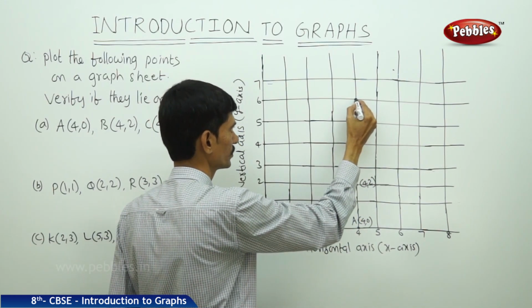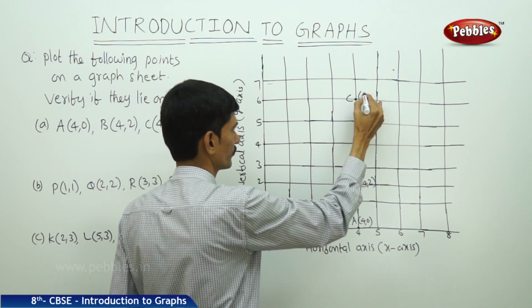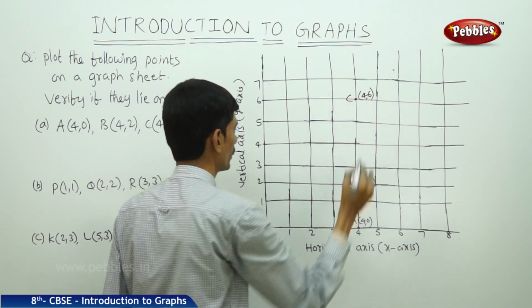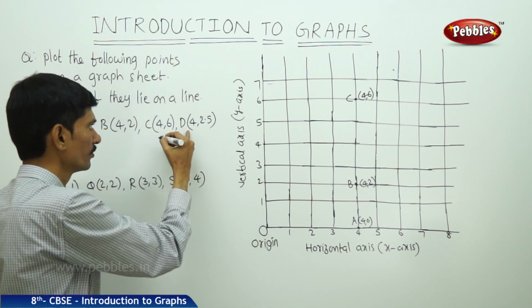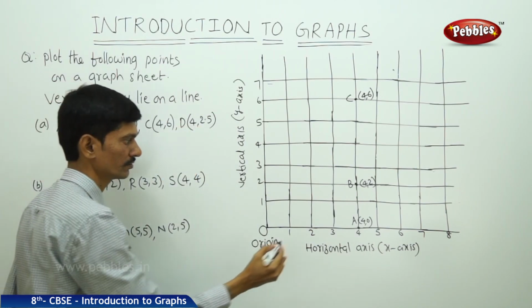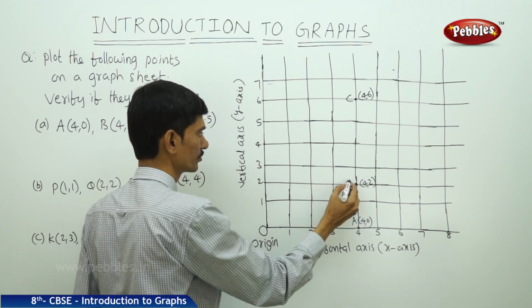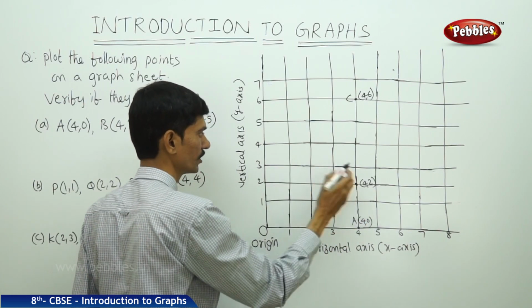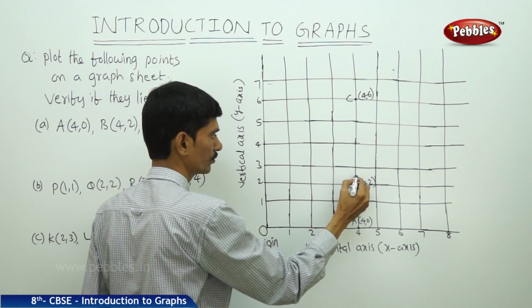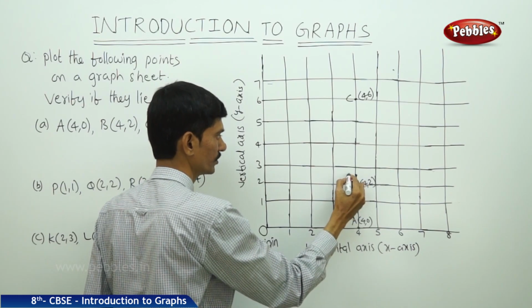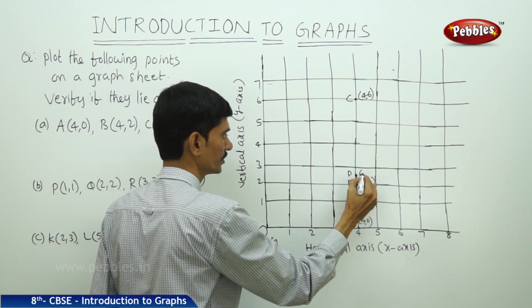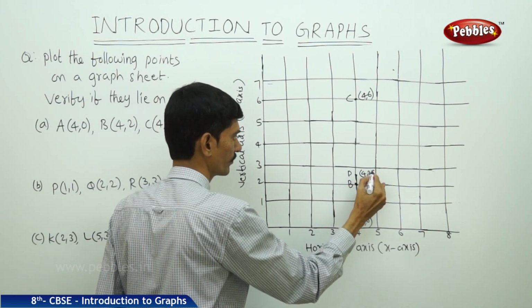So this is the point C, (4, 6), and the next point D, (4, 2.5). On the x-axis 4 and on the y-axis 2.5. 2.5 means between 2 and 3, the midpoint of 2 and 3. So this is the point D, which is (4, 2.5).